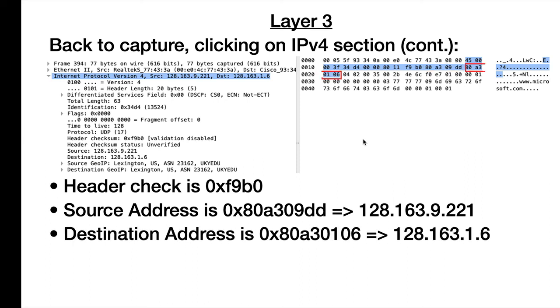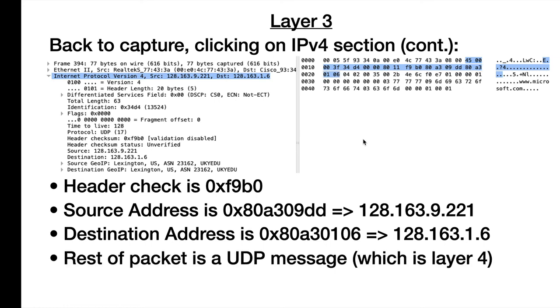The next thing we have is the destination, which is also shown in blue at the DST. The rest of the packet is the actual UDP message, which is layer 4. So when we come back in layer 4, the next video, we will continue going through this Wireshark capture.